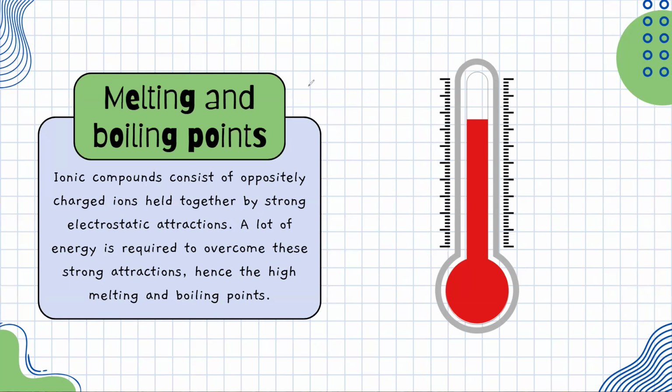Good. Remember, we started by saying that ionic bonds are the bonds that are formed between metals and non-metals. So what usually happens is the metals lose electrons to become cations, and then the non-metals gain electrons to become anions. So these cations and anions are oppositely charged. In other words, they will be so strongly attached to each other.